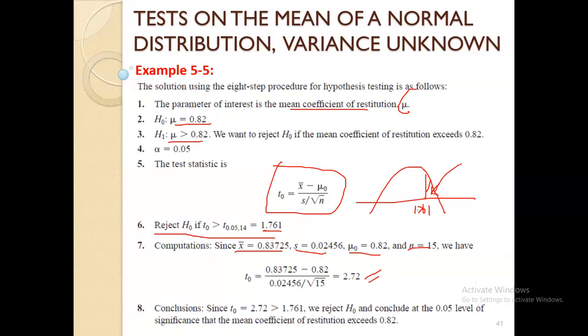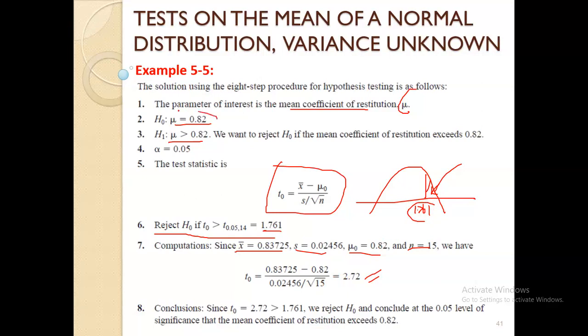You reject H0 and accept H1. That means the coefficient is greater than 0.82, because t0 is greater than the critical value: 2.72 is greater than 1.761.